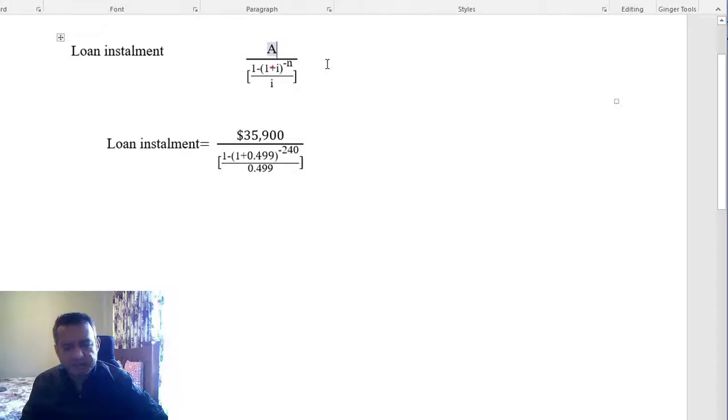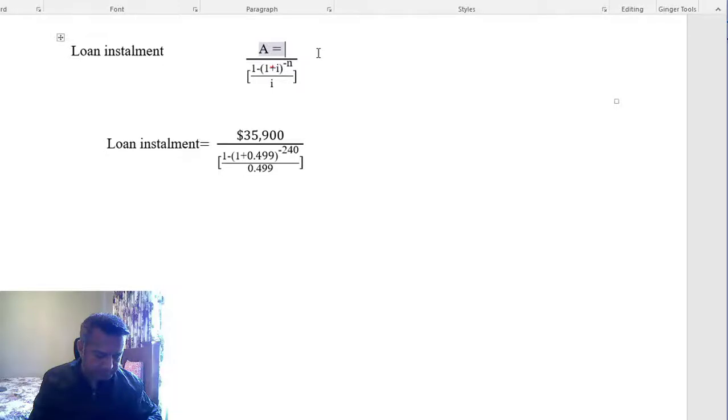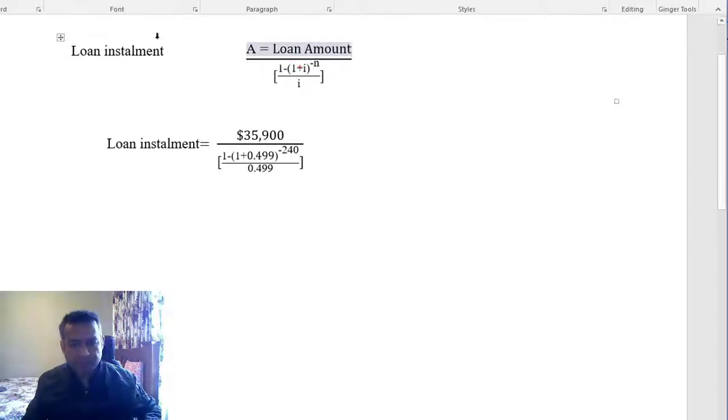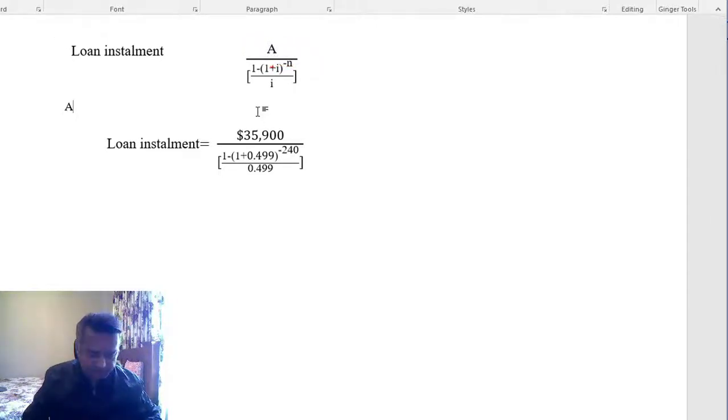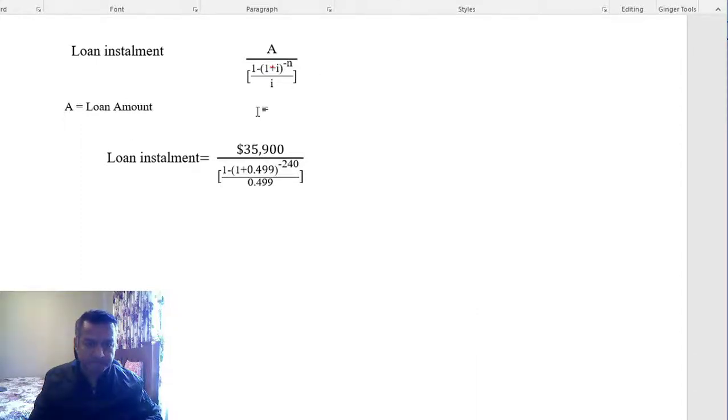A is equivalent to loan amount. I, it's in small I, so write like that.